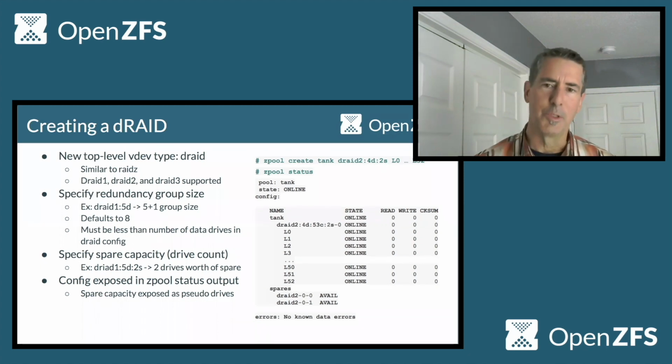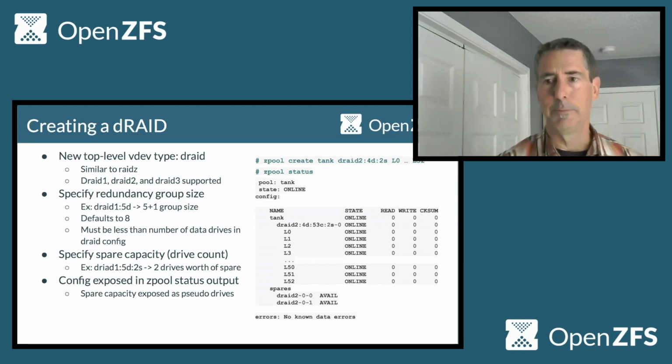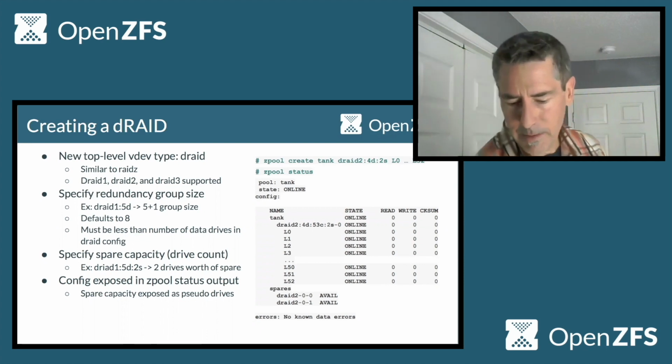Instead, it's random, so we present it as a top-level dRAID and all the drives, but in the dRAID name, we tell you how it's been partitioned up logically. And at the end, we have our spares, and notice these are pseudo spares, again, because we haven't reserved physically 2 drives, we have reserved 2 drives worth of space, and these 2 represent the pseudo handles to access that drive space. It's been distributed across all the drives.